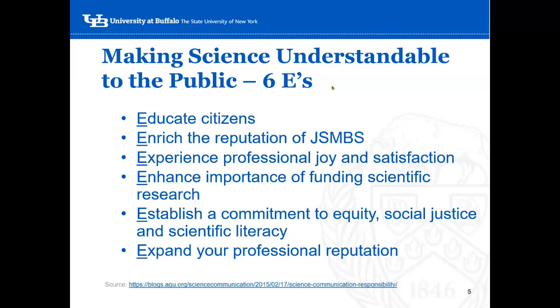We enhance the importance of funding scientific research when we communicate with government officials at all levels, at the local level, at the state level, and at the national level. And we establish a commitment to equity, social justice, and scientific literacy that is so important and really must be sustained. And one of the nice outcomes from all of this is it's a chance for you to expand your professional reputation.